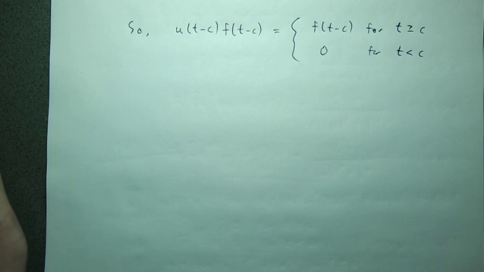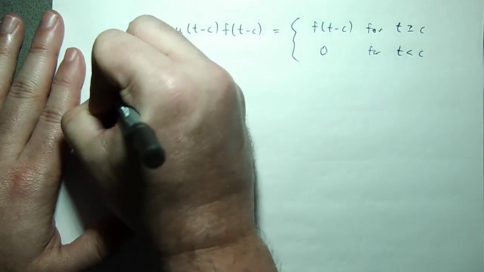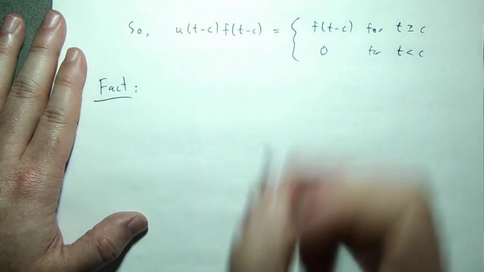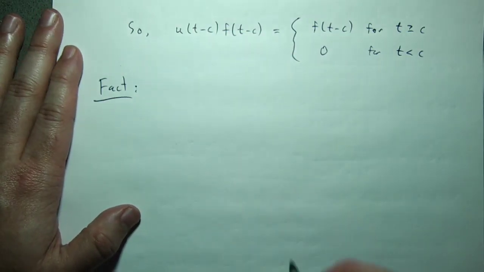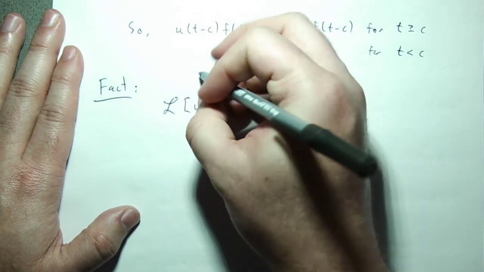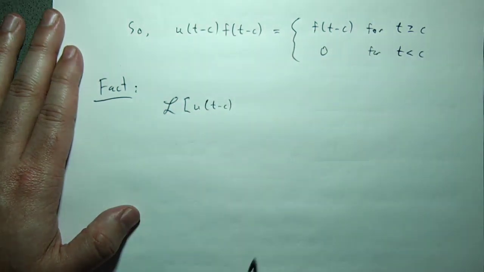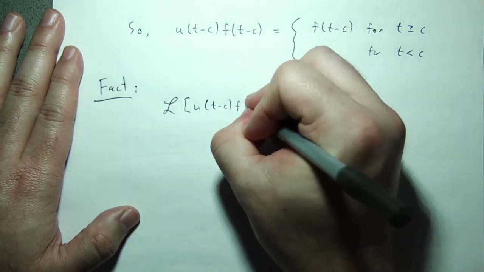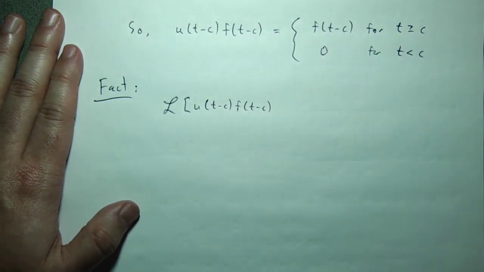Okay. So then there's the following fact. The Laplace transform of u of t minus c, and this is true wherever it's sensible. I'm not going to write the hypotheses here. The hypothesis is just that the Laplace transform of f exists.